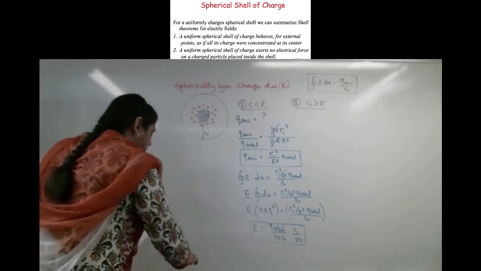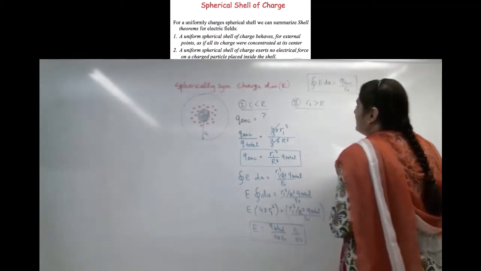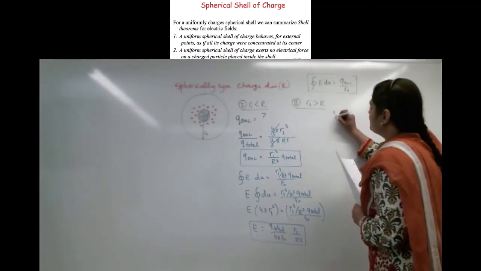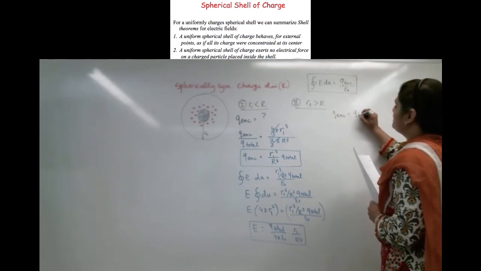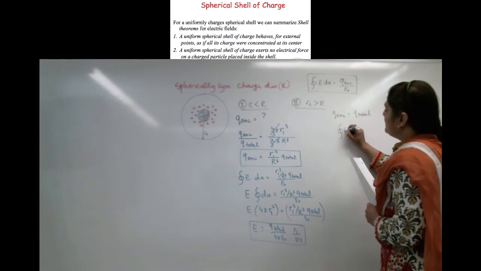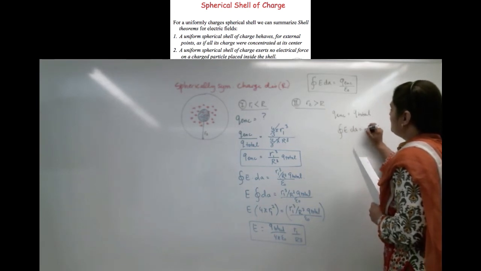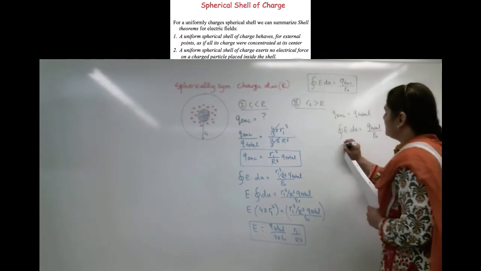Okay, number 2. For this one, what is Q enclosed? Q enclosed for number 2 is just Q total. So in that case, the integral of E dot dA will be Q total divided by epsilon naught.